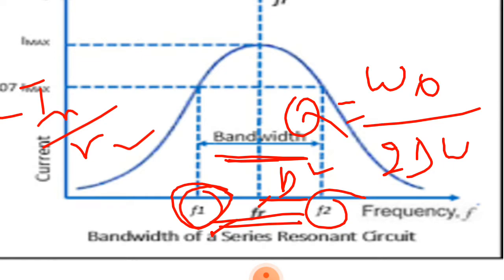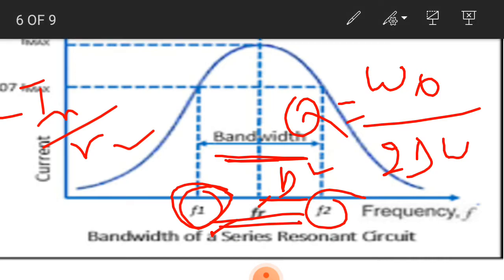So if the quality factor is more and the bandwidth is less, we can use this circuit as a tuning circuit. In TV station, radio station, we are getting signals. In our radio and TV, we have local oscillators. So if the frequency of the incoming signal and frequency of your local oscillator coincide, exactly coinciding is not possible.